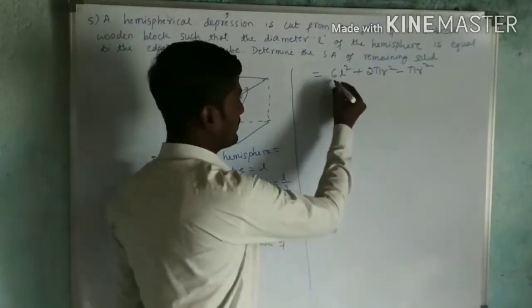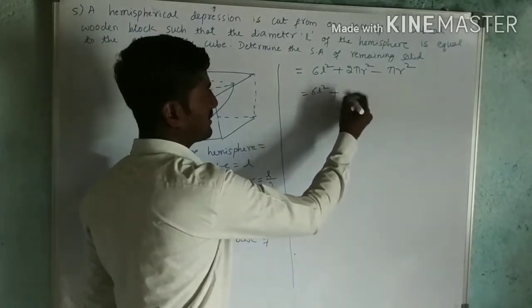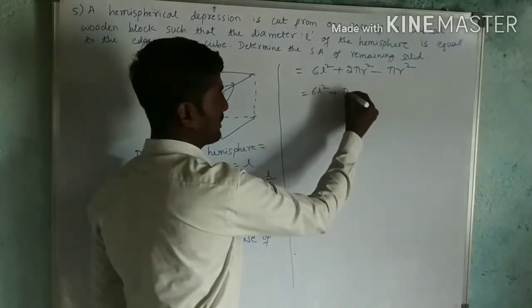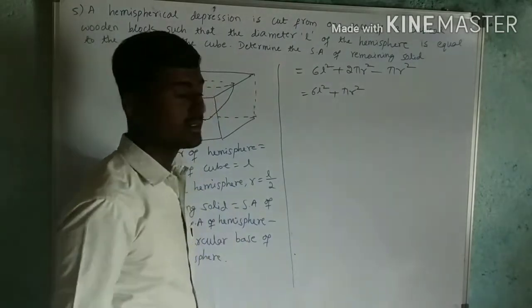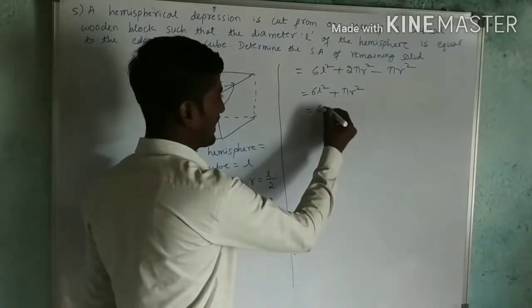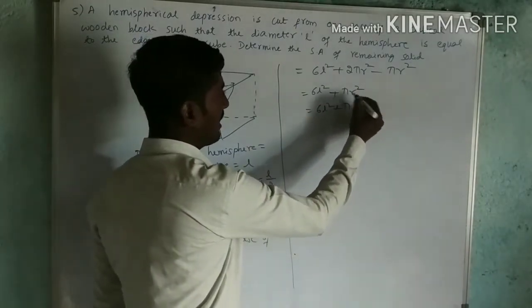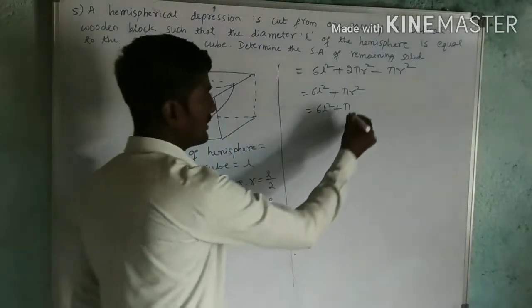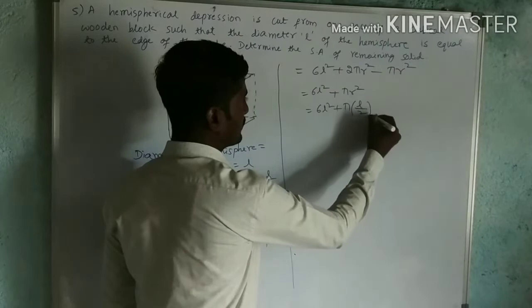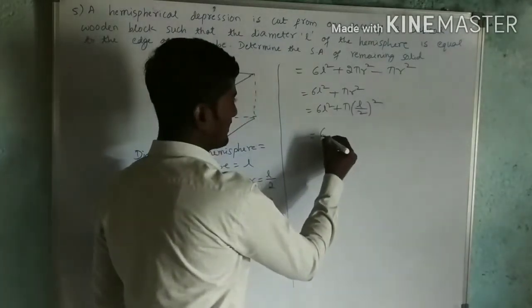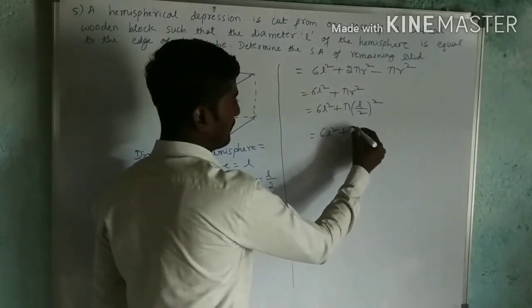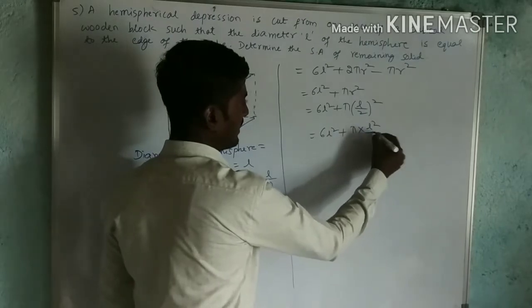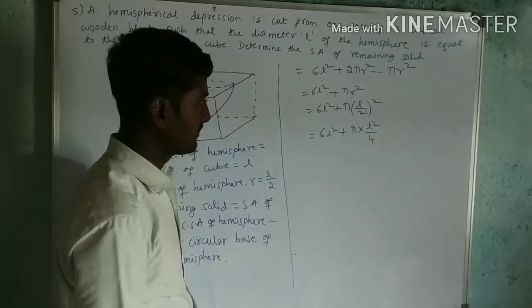So this is equal to 6L square plus 2 pi r square minus pi r square, that is, how much, pi r square. Now this is 6L square as it is plus pi r square. So r here is L by 2, so that is L divided by 2 squared. So 6L square plus pi into L square divided by 4.